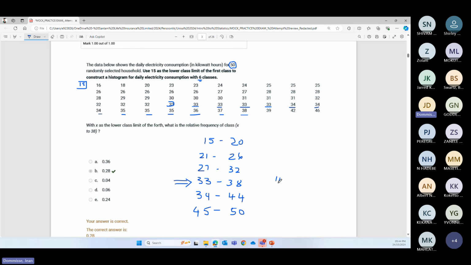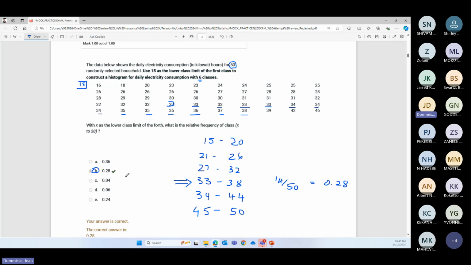So 14 out of the 50 is falling in that band. So the relative frequency of that is 14 divided by 50. That would give us 0.28. Okay, so that is how we will do that.